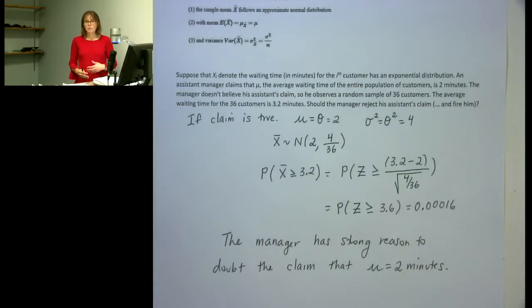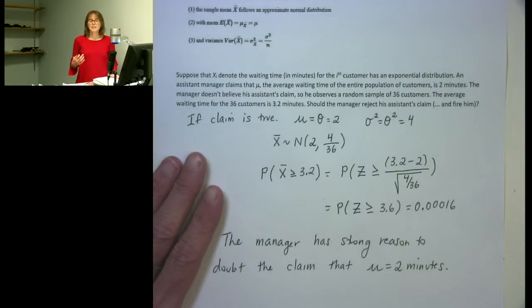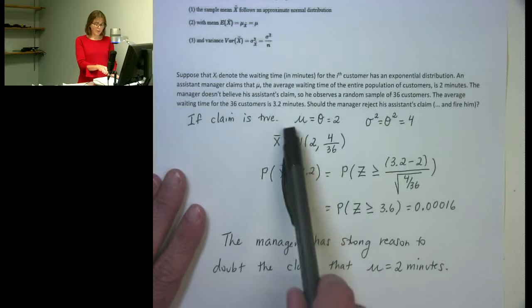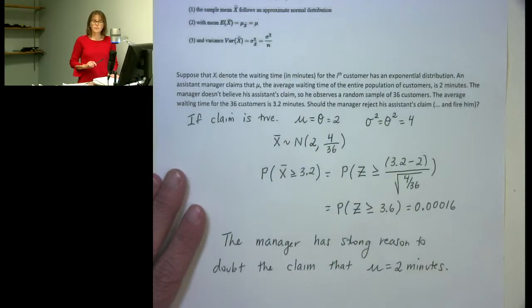And just to make a note, this is an example of hypothesis testing. If you have seen hypothesis testing previously in your introductory statistics courses, this is really the process. We formulate a claim which we're trying to decide if we have evidence to reject. That would be what we'd normally call our null hypothesis, that the mean is equal to 2.